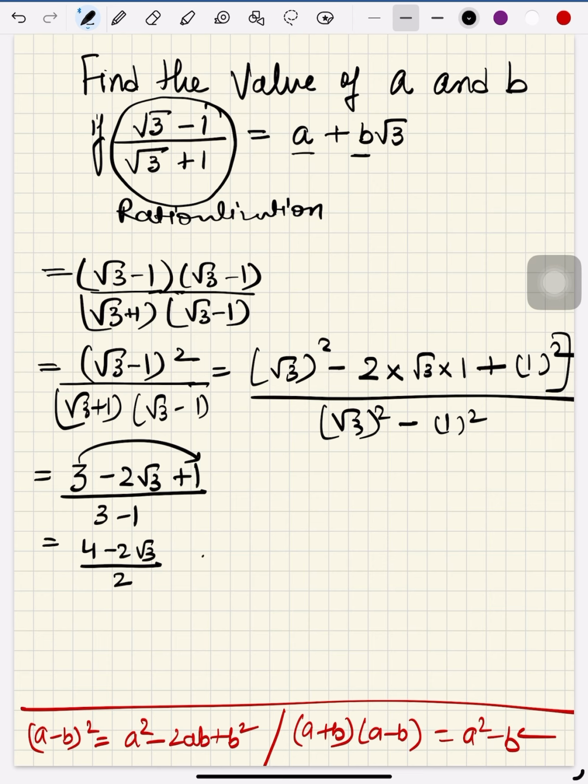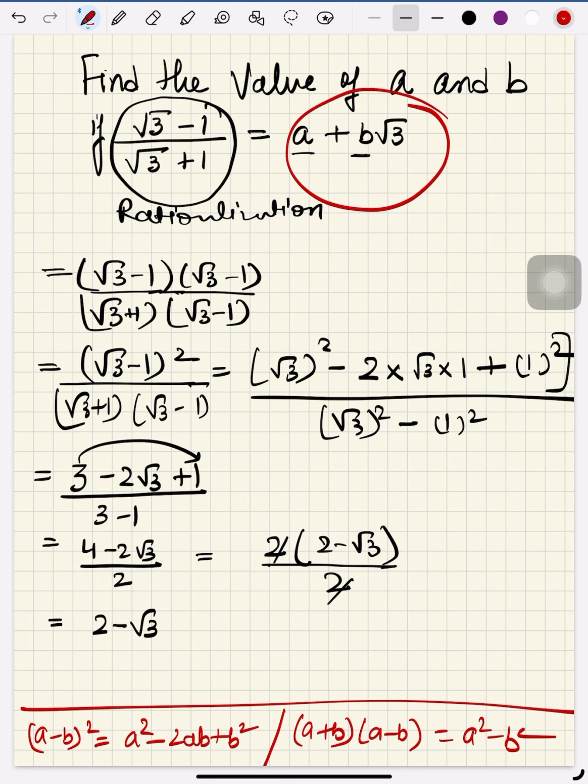Correct? And 2 is common in this. When we factor out 2, it gives us 2 minus root 3 over 2, which cancels out 2 and 2. So root 3 minus 1 over root 3 plus 1 is equal to 2 minus root 3. Correct? And now that is equal to a plus b root 3.